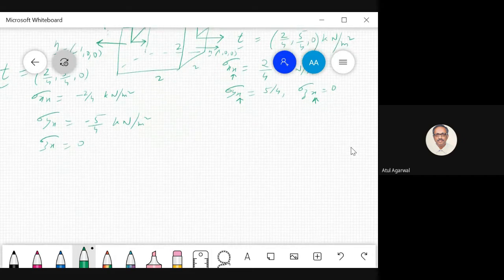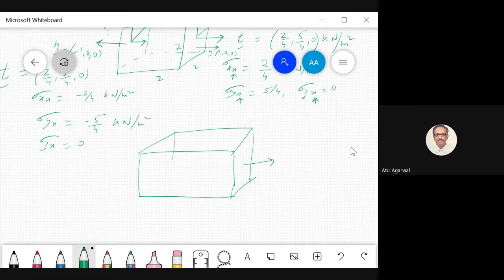Now I'll take another case. So applying a tensile force. Now this block is in tension.